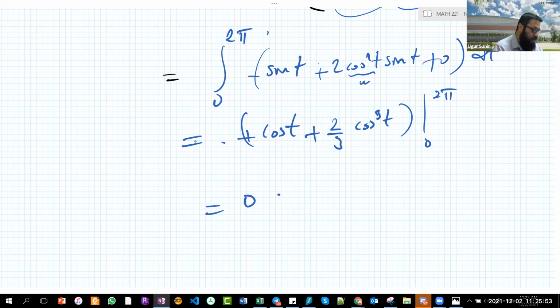But if you want to see the application part, which we haven't had so much chance to see, you need to take some advanced physics class like electromagnetism or fluid mechanics in your later years.